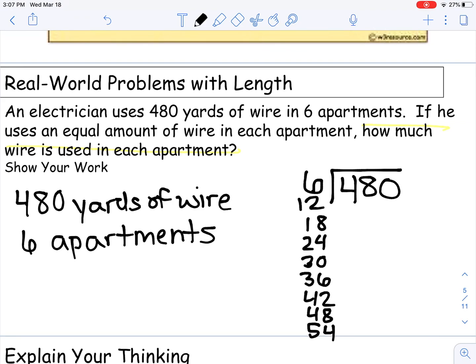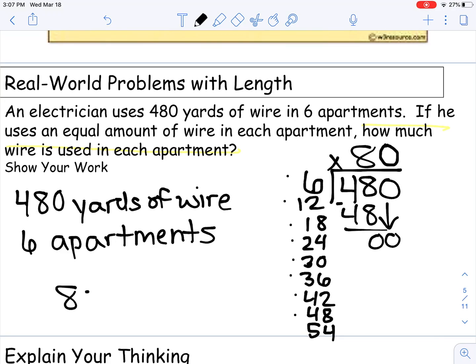If I have 48, I can get 1, 2, 3, 4, 5, 6, 7, 8 groups. 8 times 6 is 48. Subtract and bring down. Now when I bring down, I have a 0. And remember, if you're bringing down zeros, you just pop up that 0 into your answer. So he actually has 80 yards per apartment.